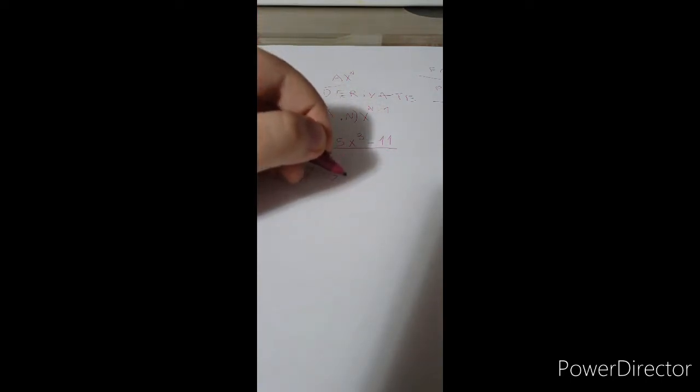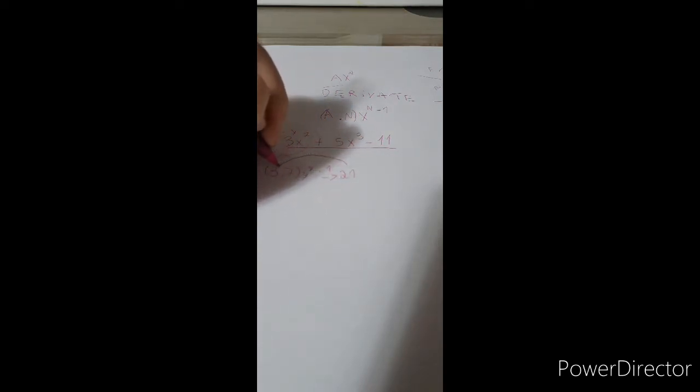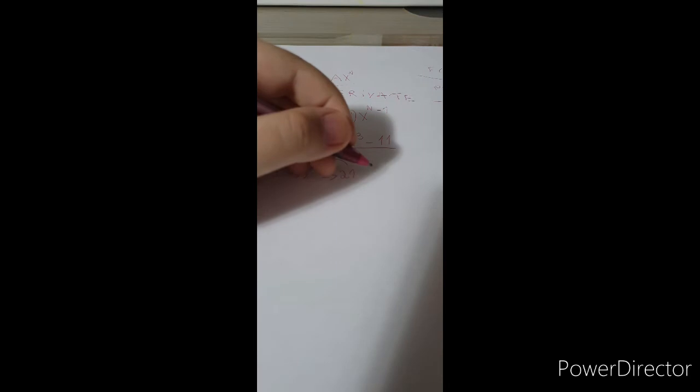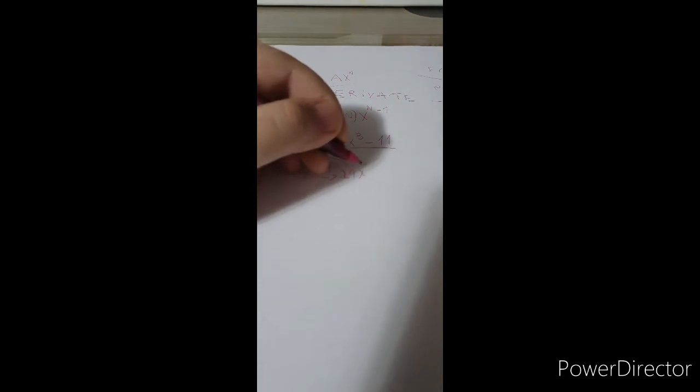This will be 21x^6, which is the result of 3 times 7, and x^6, which easily enough is 7 minus 1. We already have the first one of the functions for the derivative.